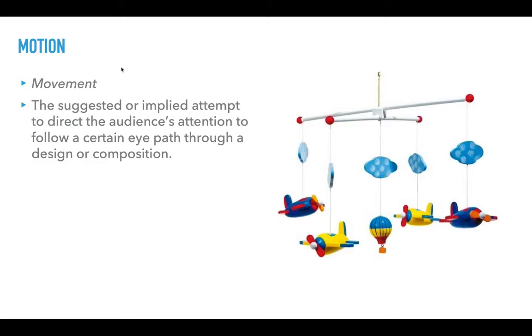Okay, so if you look at this image on the right, how do we get this sense of movement? How do we get this sense of motion? Well, it might be because of the angle of the lines along the top. It might be because of, again, the spacing between some of the clouds, or one plane versus another, versus the clouds.